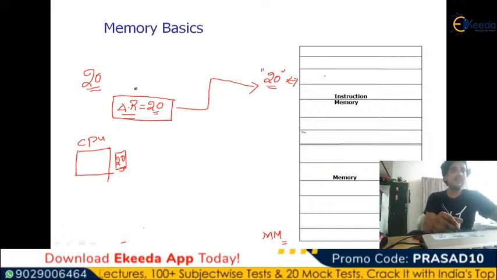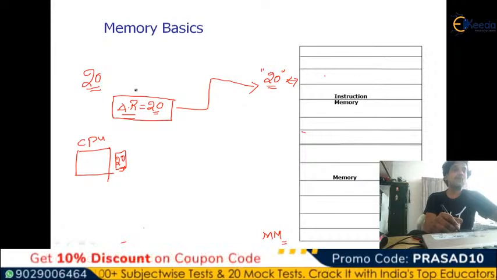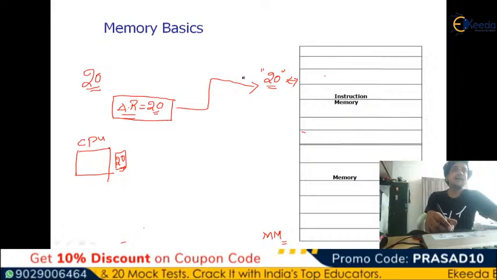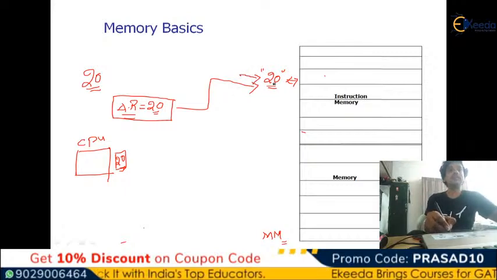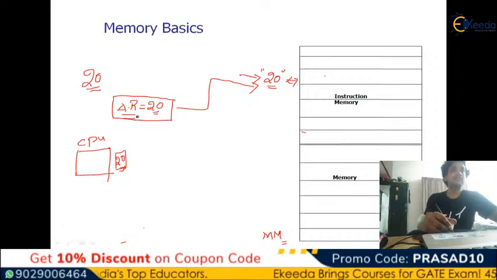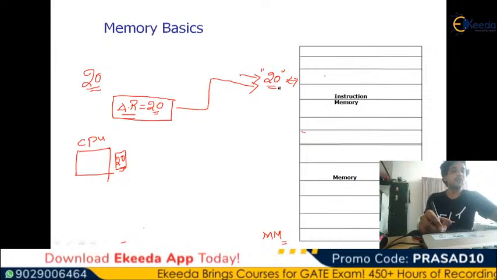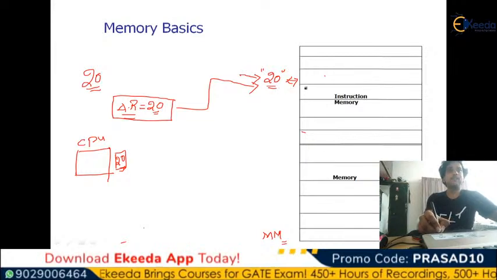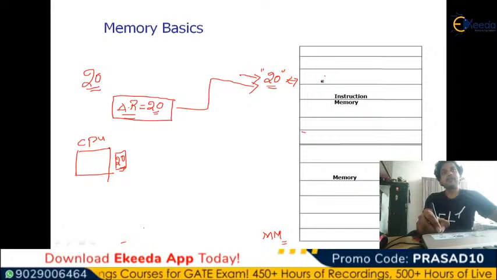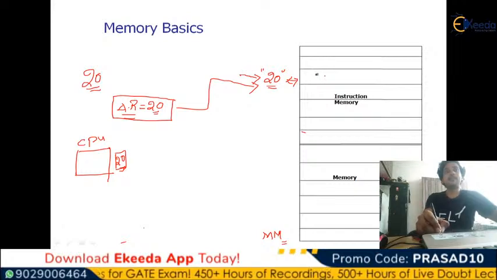For example, the address register is like a postman. He is going to collect the address and locate the exact location of this particular address. In this case, 20 is given to the address register. The address register is going to hold 20 and he will be able to locate 20 here. Thereby, he will be able to collect the data which is available in 20.